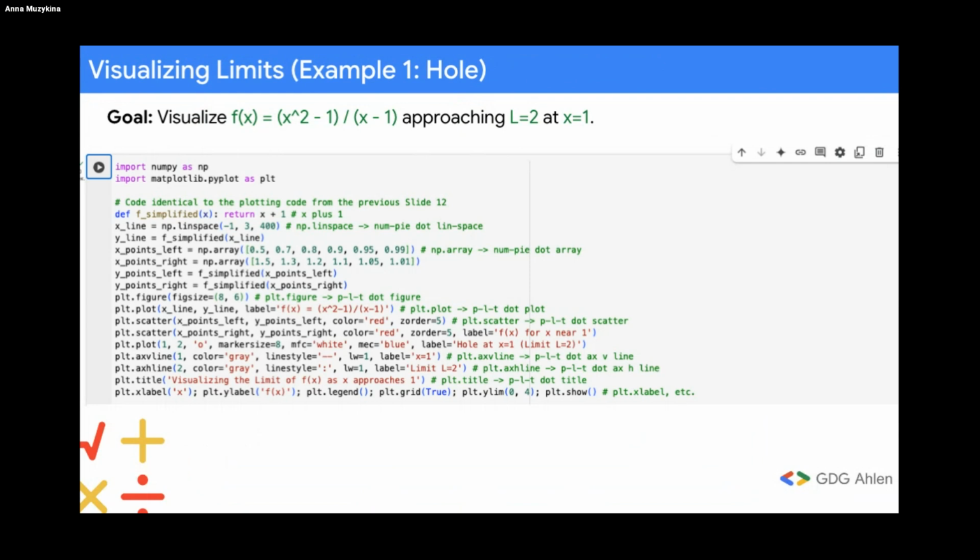The code uses numpy arrays and matplotlib functions to visualize, like plt.plot and plt.scatter, plt.axvline for vertical, and plt.axhline for horizontal, to plot the line y equals x plus 1.